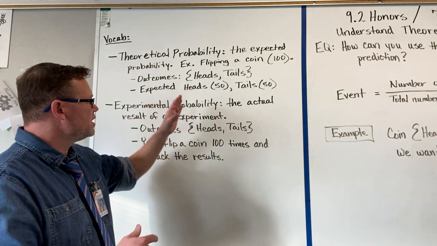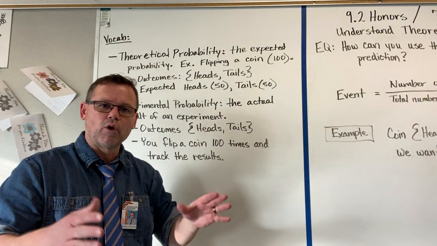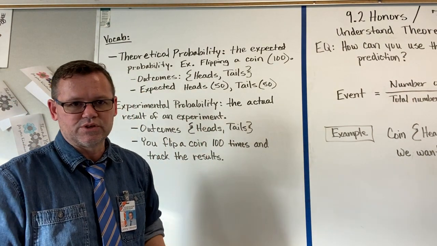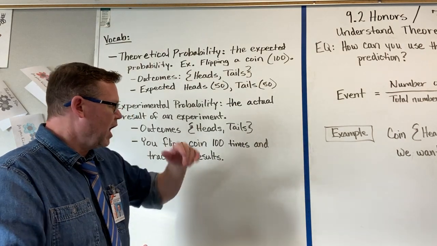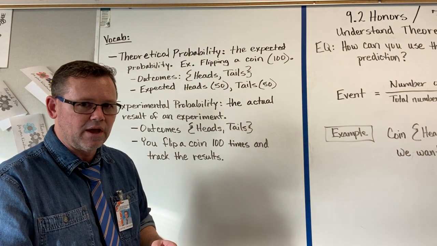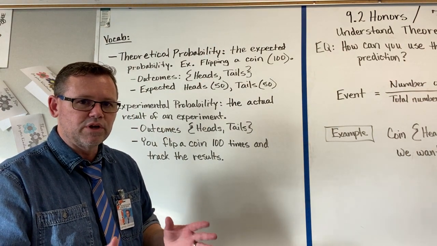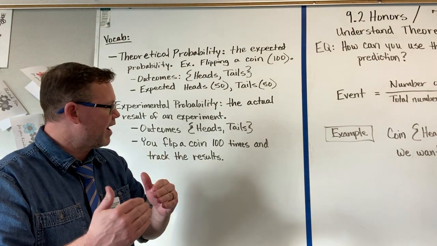Experimental means that we actually do the results. We perform an experiment and track the results. So I would flip a coin 100 times. I would track how many times heads came up and how many times tails came up. And then if I wanted heads, I would put that in fraction form.